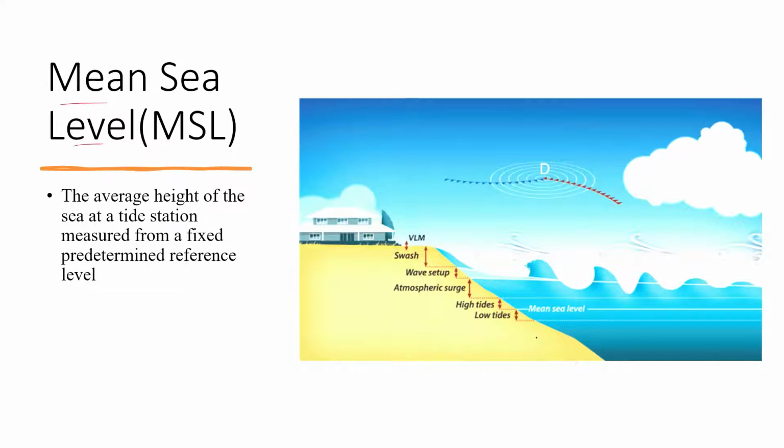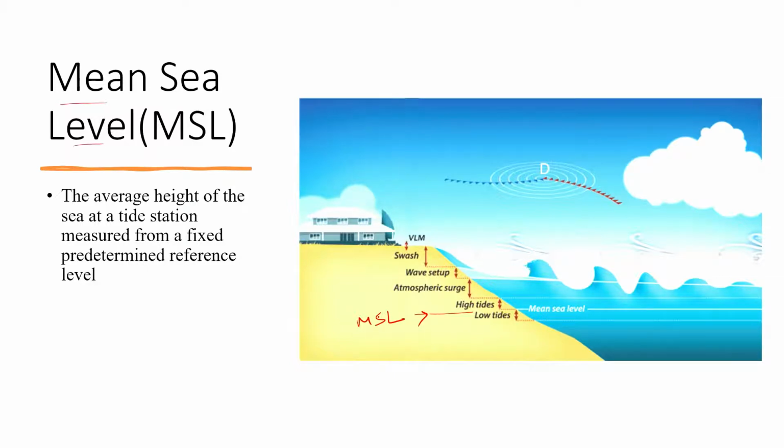If you see this image, there are various types of height, but the mean sea level is present here. Actually, we calculate all types of height and then average it. From there, we get the MSL point of the tide station. And using this MSL, we start altitude or height.